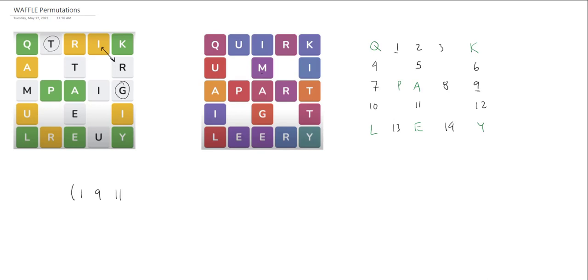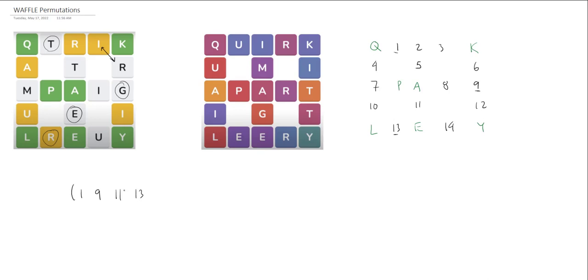So we've got this G taken care of. Now, where does the 11 go? Well, the 11 was an E. Where do I want to put the E? Well, I have a couple E's in Leary. This E on the right here was already fixed. So how about I send it to this position, which is the 13 position.